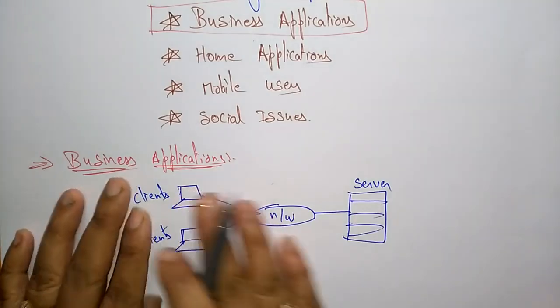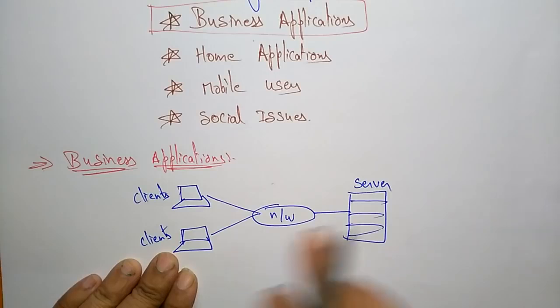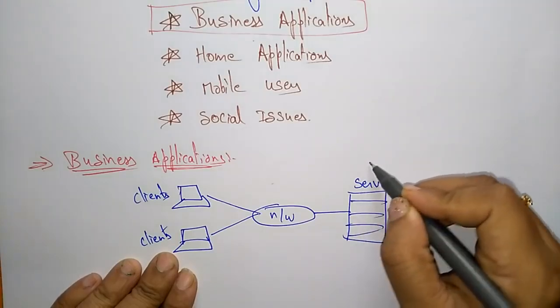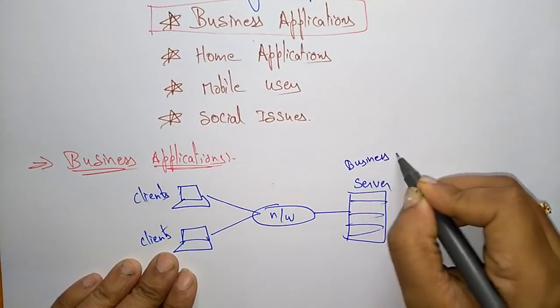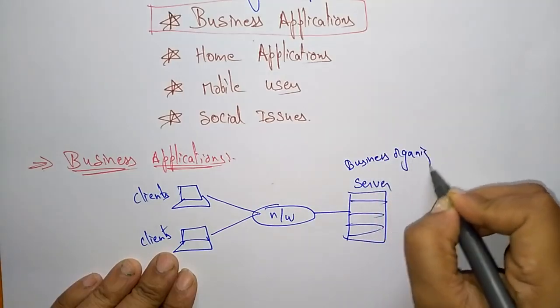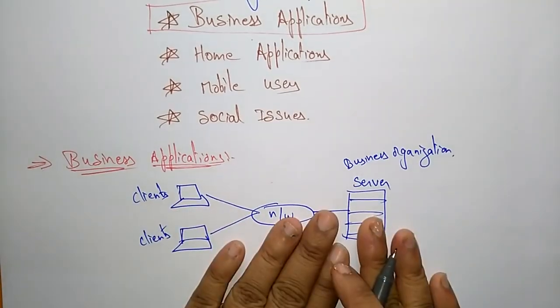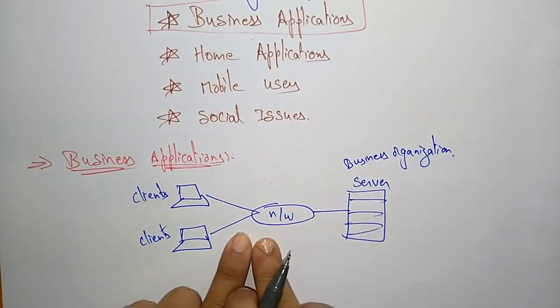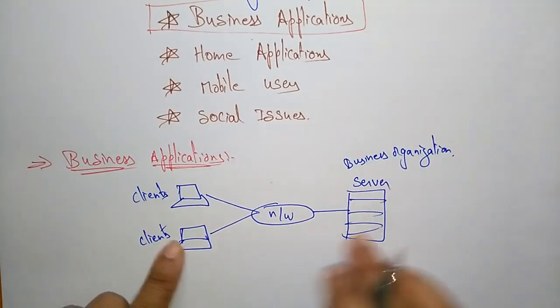Here the client and the server communicate only with the help of the network. The server is a business organization. A server is present in the business organization, and the customer interacts with the business organization server with the help of the network. So a network with two clients and one server.